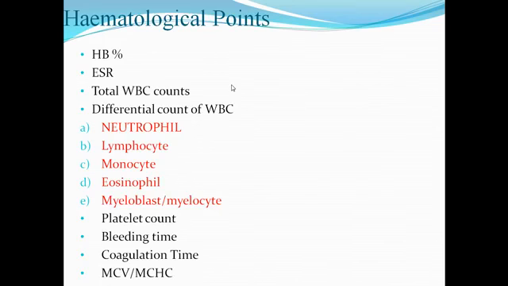Some hematological points, that is hematological parameters: hemoglobin percentage, erythrocyte sedimentation rate, total WBC counts, differential counts of WBC like neutrophil, lymphocyte, monocyte, eosinophil, myeloblast, platelet count, bleeding time, coagulation time, MCV, MCHC.